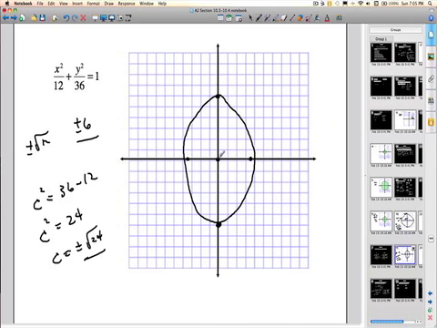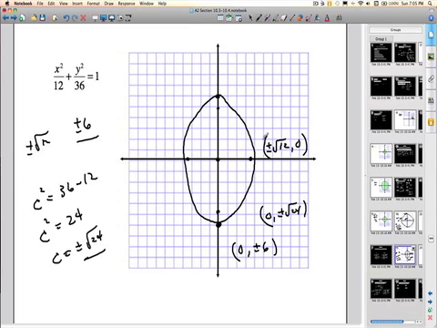This must be inside the ellipse. 1, 2, 3, 4, 5, so it's just a shade under 5, and those are my foci. So 0 plus or minus root 24 were my foci, 0 plus or minus 6 were my vertices, and plus or minus root 12, 0 were my co-vertices.